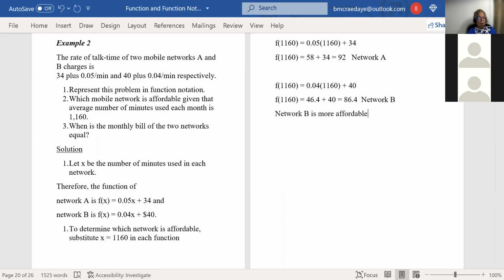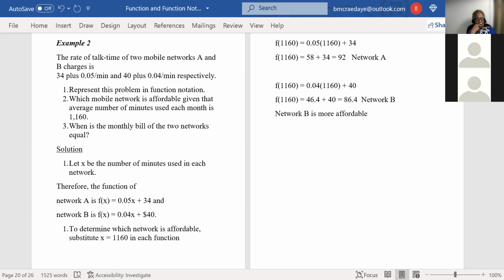Now, when is the monthly bill of the two networks equal? How could we find that? You've got to add them. No, you want to set them equal to each other.